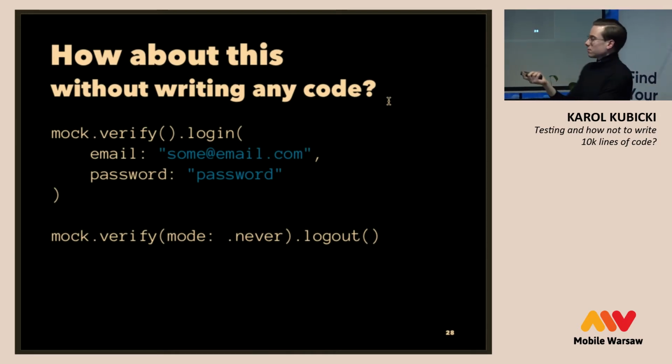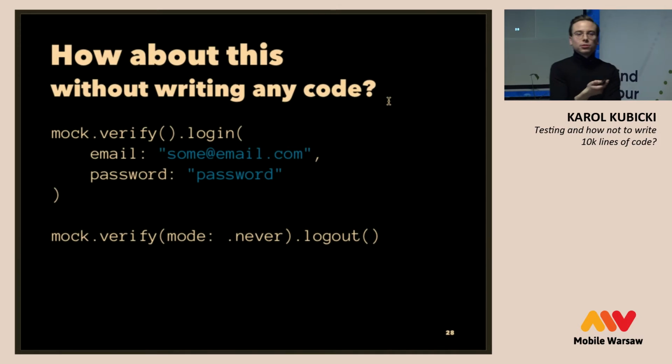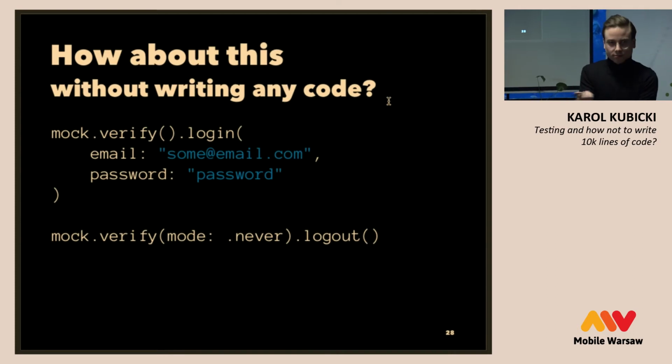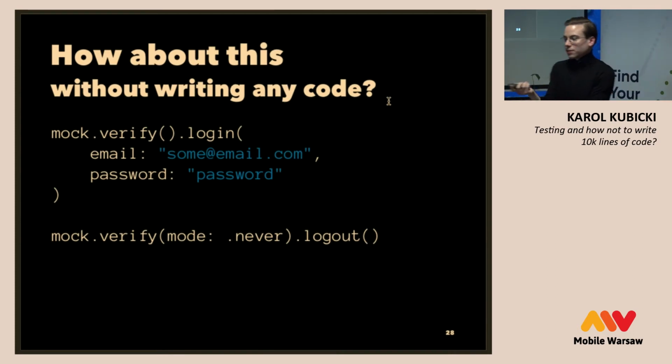And similarly, we can check that logout was never called. So in this case, we know what the method is. So we know every login service method, and it's autocompleted by Xcode. And we also know every argument and the order and how they look, what we should test here. So yeah, that's kind of awesome, right?